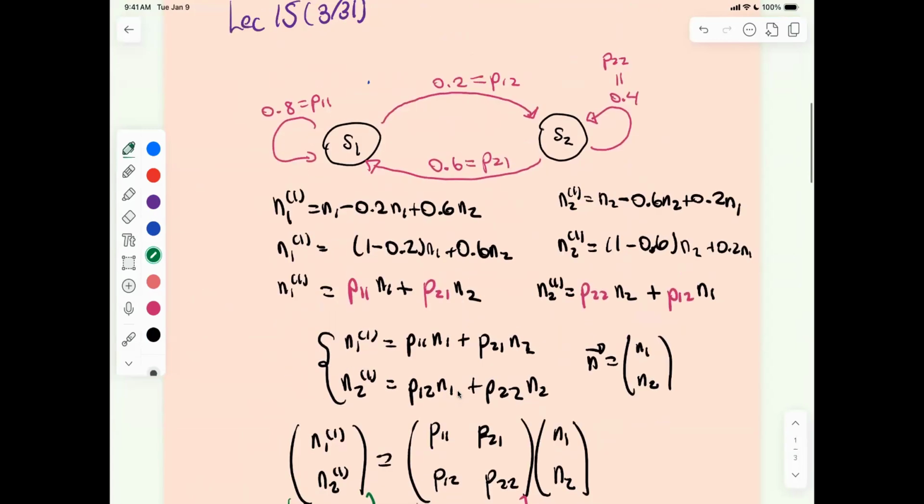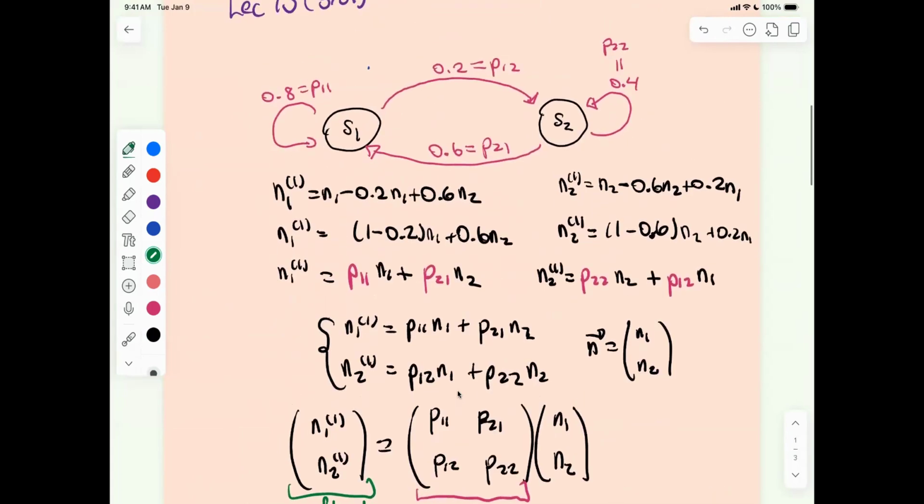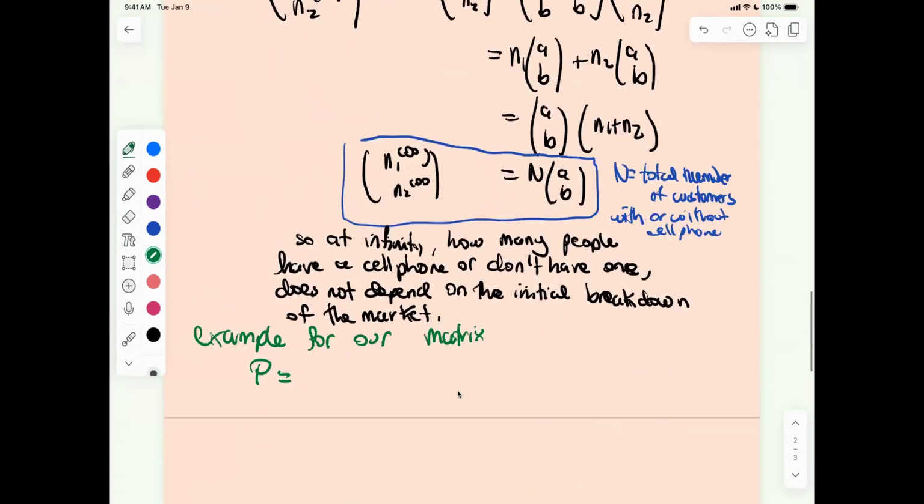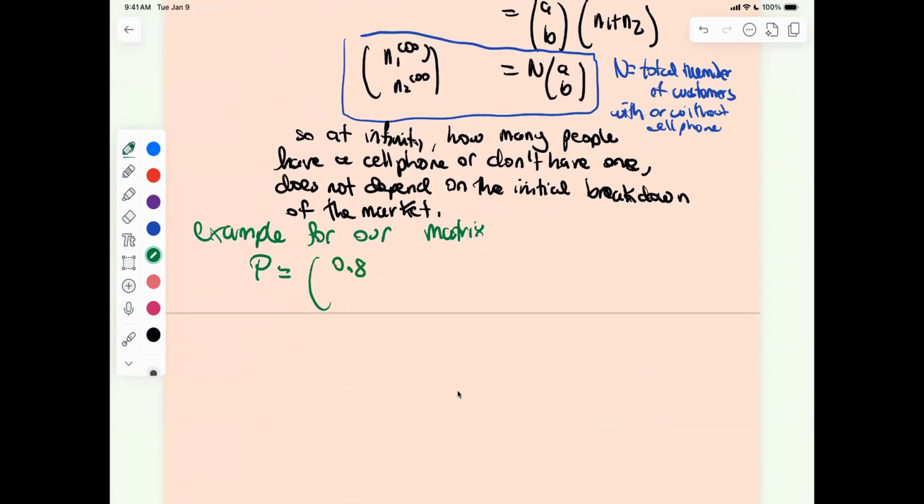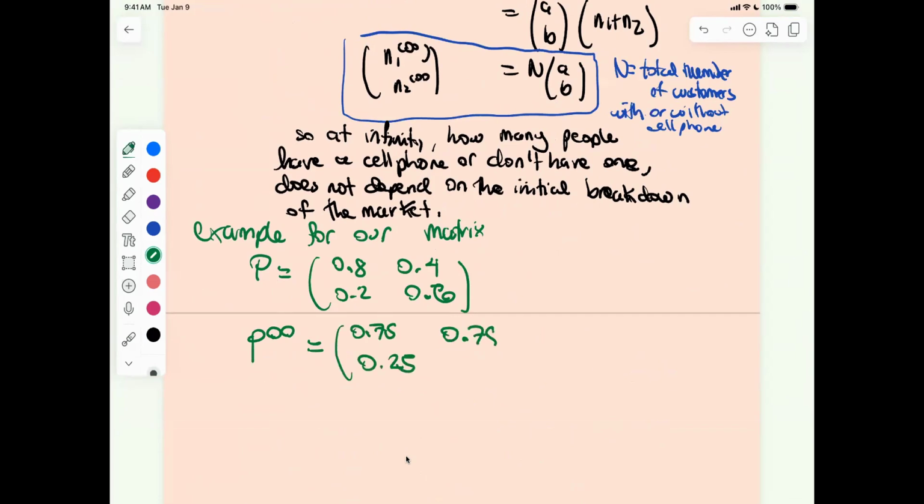It was 0.8 and 0.2, and then 0.4, 0.6. Right, P infinity, just numerically based on what we were getting from Wolfram Alpha, was 0.75, 0.25, 0.75, 0.25.